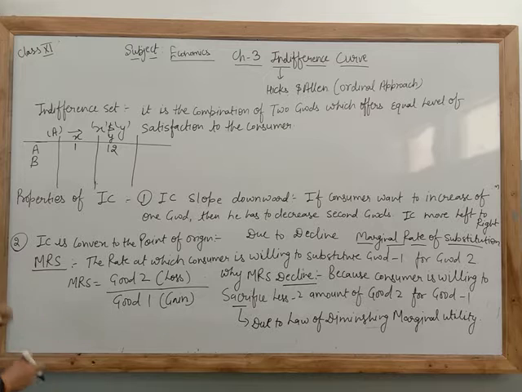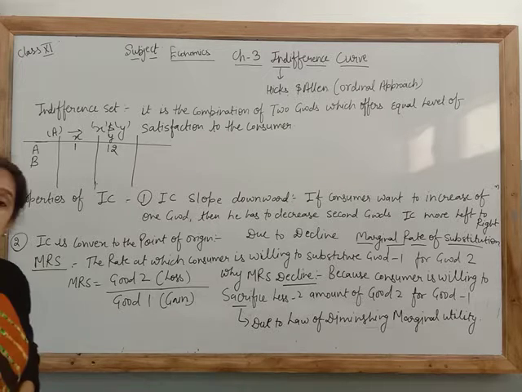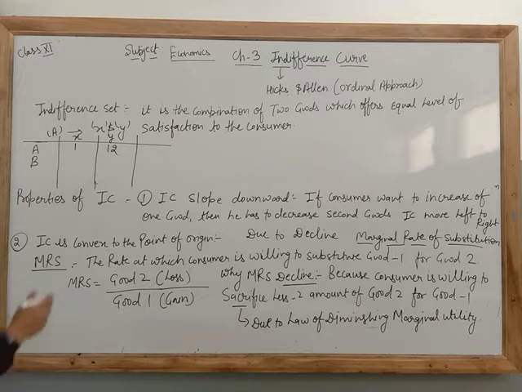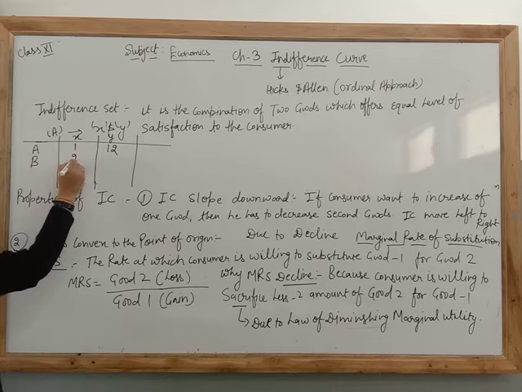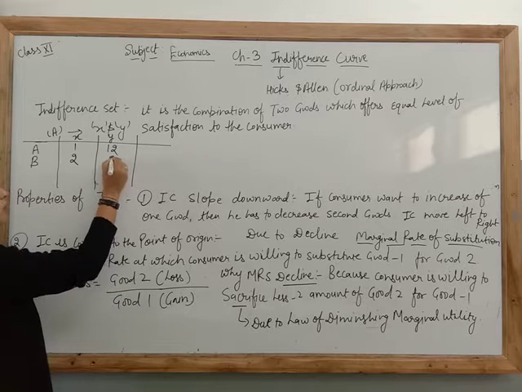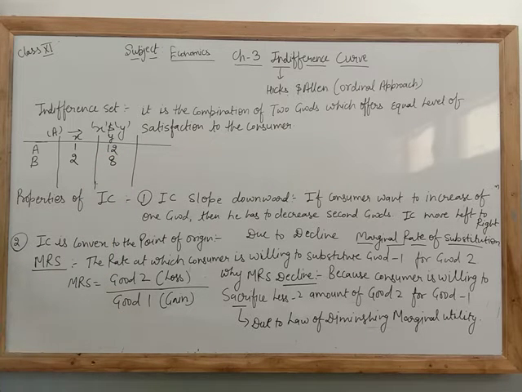Through that income, if he wants to increase the consumption of X, then definitely he has to decrease the consumption of Y. Clear? But the satisfaction level will not be changed.